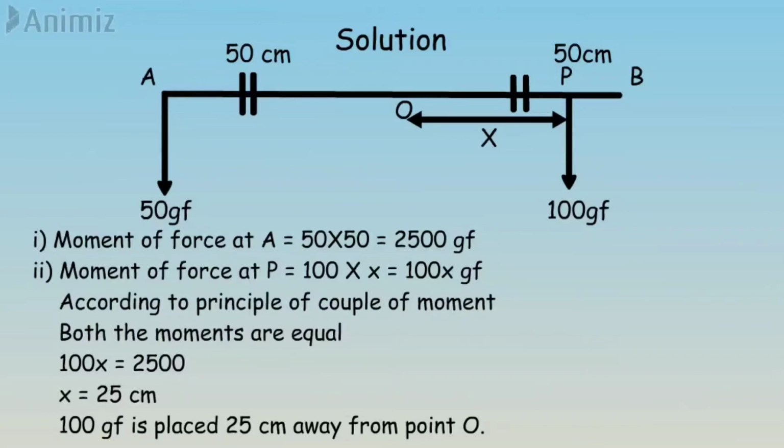Now, according to the principle of moments, both the moments are equal if the rule is balanced. So, 100X will be equal to 2500. When you reduce it, X will be 25 centimeter. So, point P is 25 centimeter away from O. So, you have to suspend 100 GF 25 centimeter away from point O.